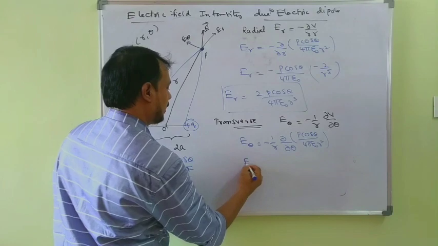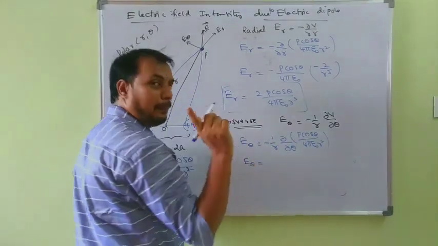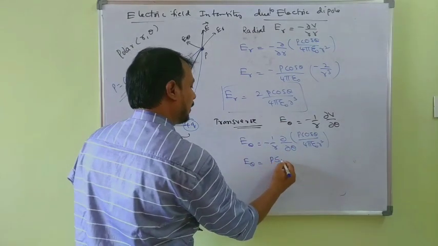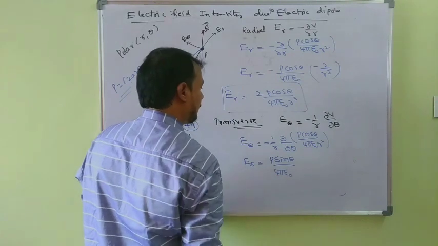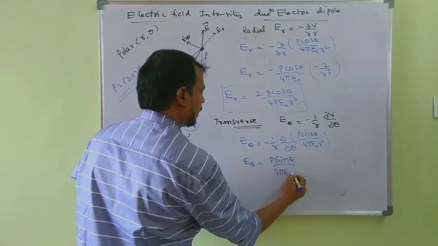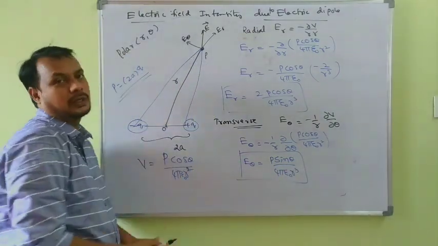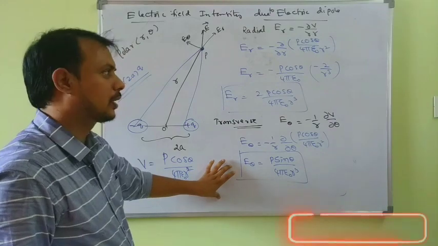So E theta equal to dou by dou theta of cos theta, which is minus sin theta, minus of minus plus. So P sin theta by 4 pi epsilon naught R into R square, nothing but R cube. This is the transverse component. So we have the radial component as well as the transverse component.